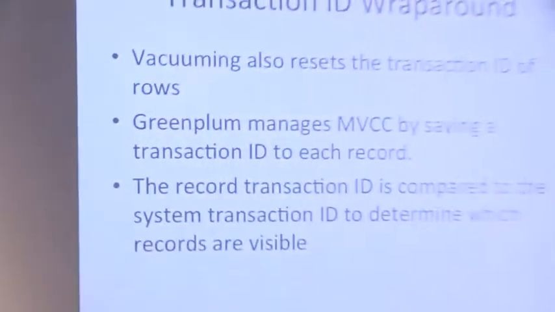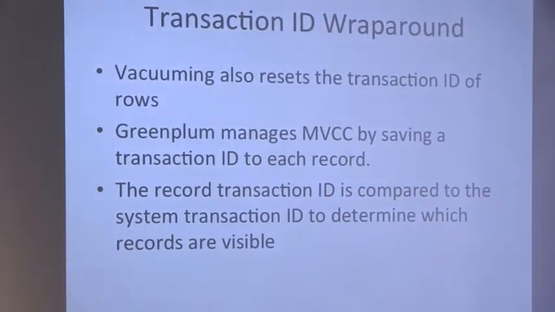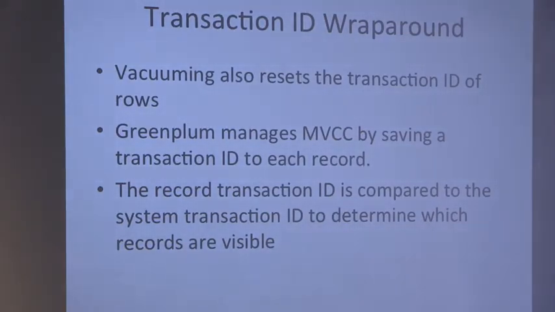The other thing that vacuum does, which is essential to the proper functioning of the database, is address transaction ID wraparound. Right, so Greenplum and Postgres both manage MVCC by saving a transaction ID to each record. Everybody knows what MVCC is, right? That's how Greenplum and other databases like SQL Server and Oracle manage concurrency.